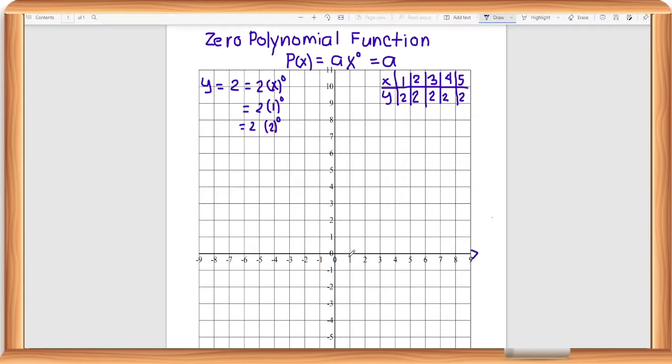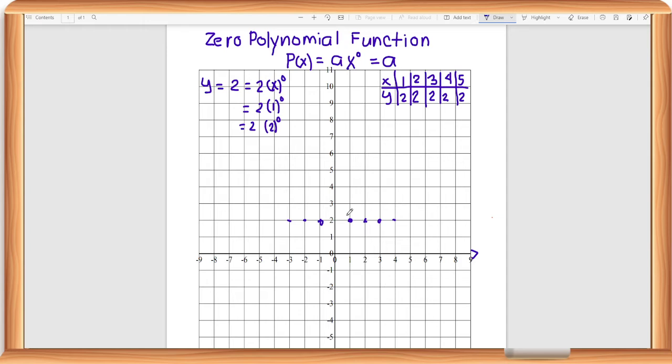If x is 1, y is 2. If x is 2, y is 2. If x is 3, y is 2. 4, still 2. If negative 1, still 2. Negative 2, still 2. And so on and so forth.